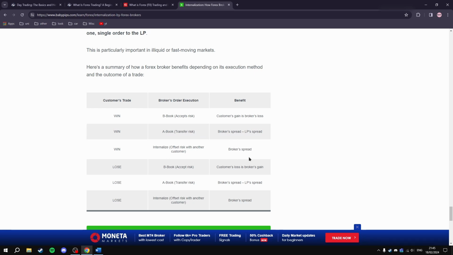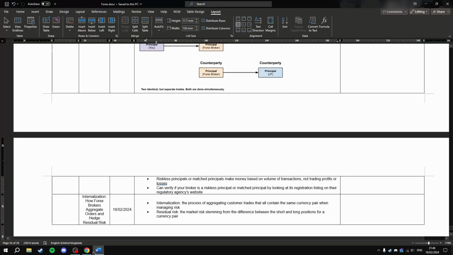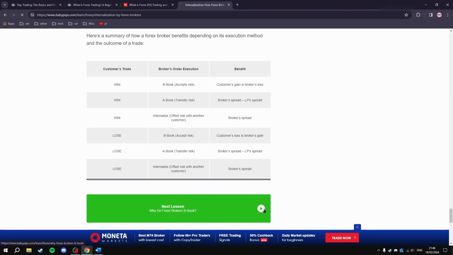Win, internalize: broker spread. Lose, B book: customer loses, broker gains. If customer's trade loses, A book, doesn't matter, still the same. Lose, internalize, doesn't matter, it's still the same broker spread. Okay, fair enough.